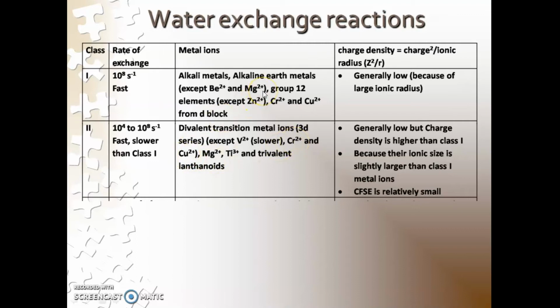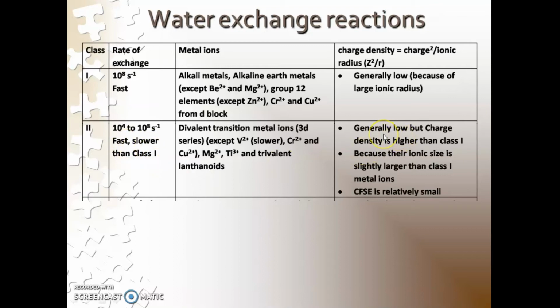Chromium 2 plus and copper 2 plus already come in the class 1. So except these, the other divalent transition metal ions of the 3D series, along with magnesium 2 plus, titanium 3 plus, and trivalent lanthanoids.